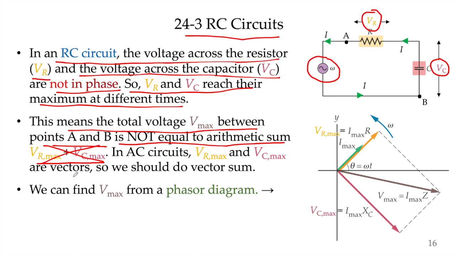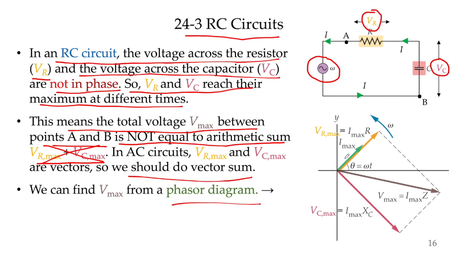You can think of them as phasors, the phase vectors, because these are waves. So we should do a vector sum. Now we're going to use the phasor diagrams to find the total voltage between A and B. Again, we cannot do VR plus VC because these are vectors.